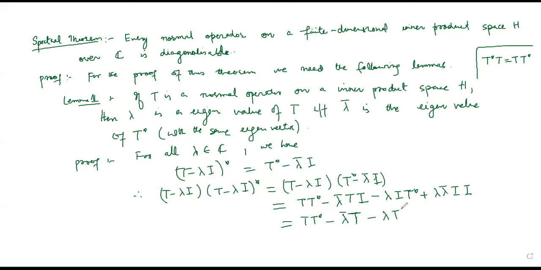Minus lambda into T star plus lambda into lambda bar into I. Because identity को 10 बार भी लगाओगे तो it's as good as applying it just once as a map.